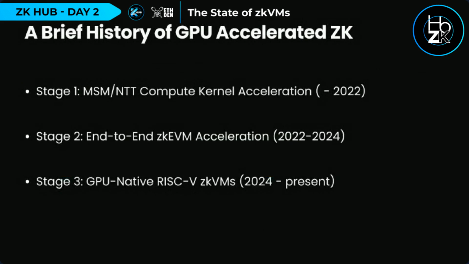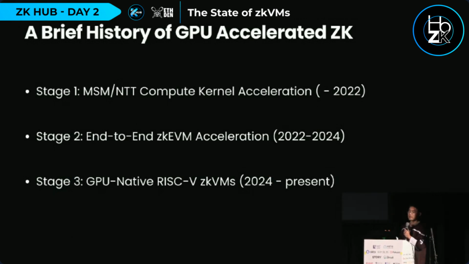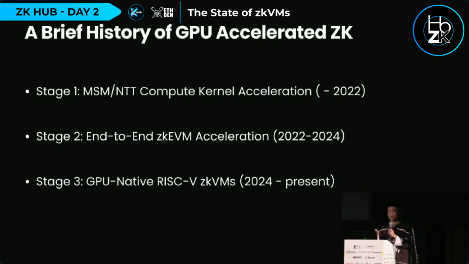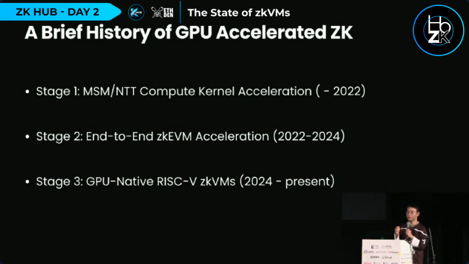Let's go through it. So a brief history of GPU acceleration in ZK. In stage 1, that's prior 2022, where ZK was just picking up, people were mostly talking about how do we optimize the compute kernels like MSMs, NTTs, with devices like FPGAs, GPUs, or on client-side MSM, etc. After we solved this compute kernel problem, people figured out even if we accelerate those compute kernels very fast to the extreme, immediately other part of the compute becomes a bottleneck.